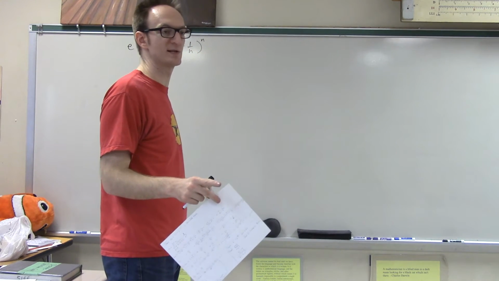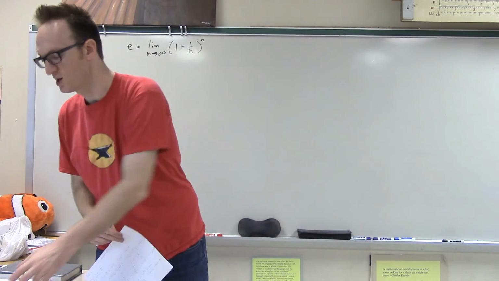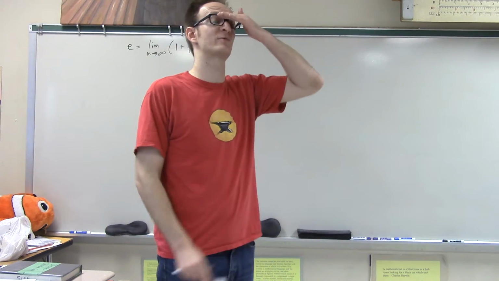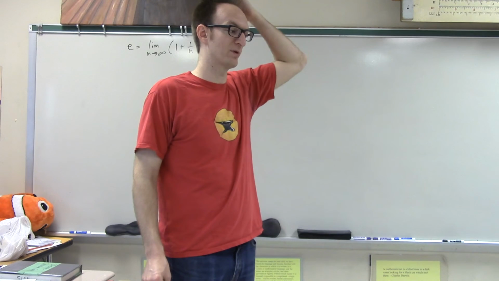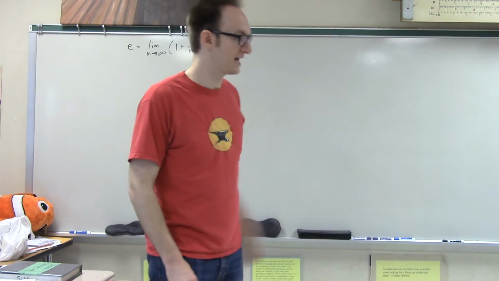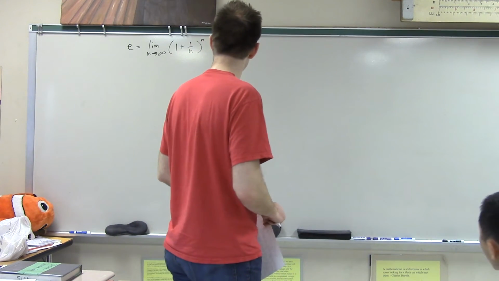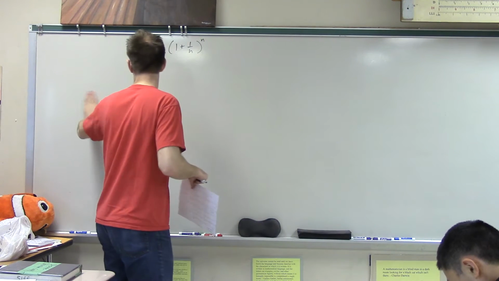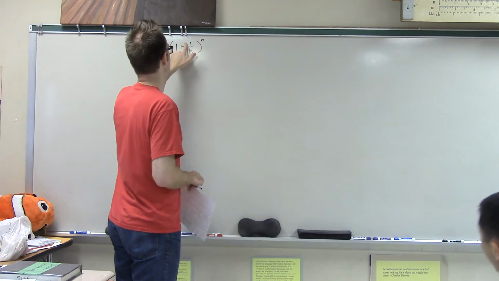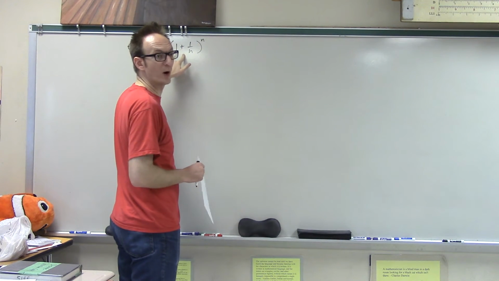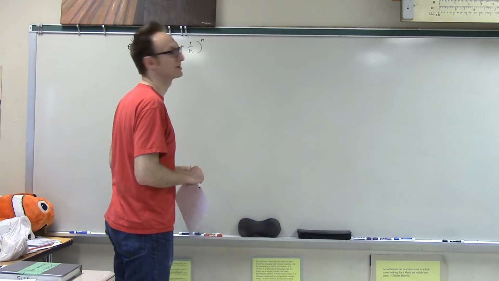It came up as a solution to what happens if you try to invest $1 at 100% interest for 1 year, and you let the number of compoundings approach infinity. And when we did this, there was some justification for feeling like this should not go to 1 or infinity. Do you remember this conversation?